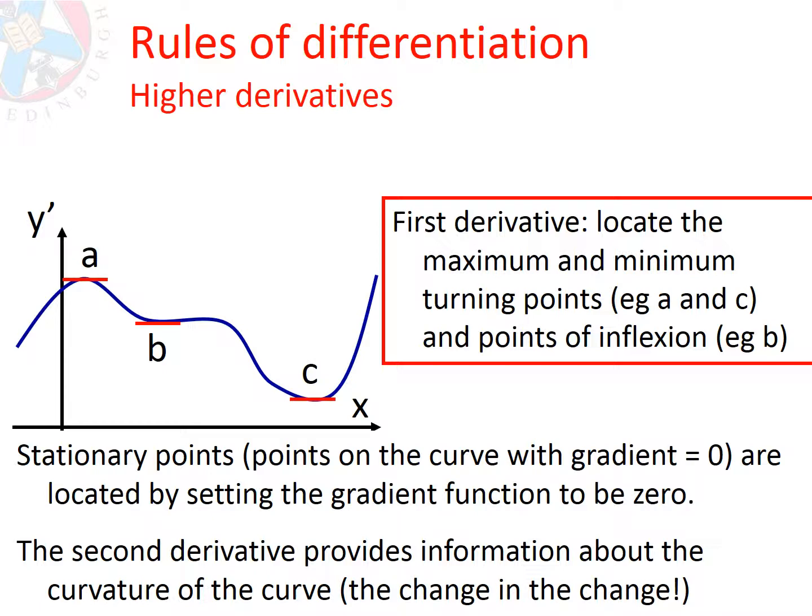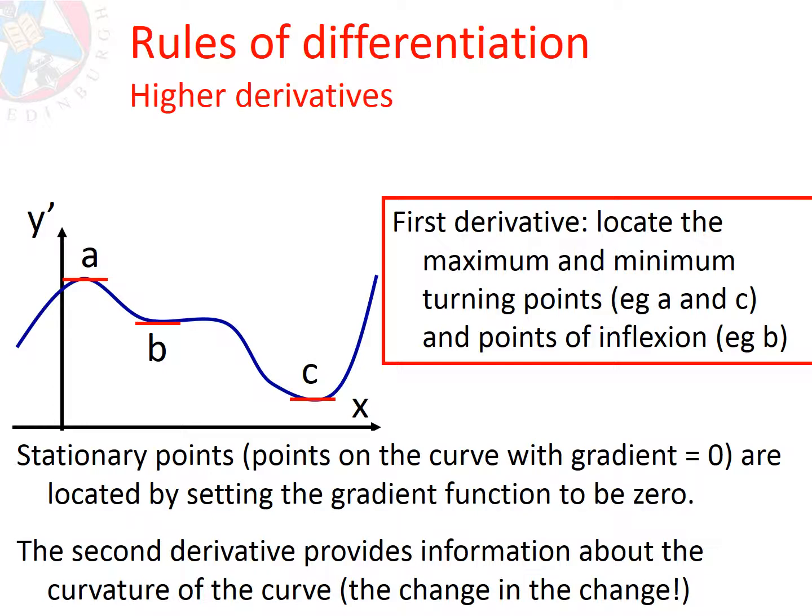Say in this example that we've got up there, if this was our function, and we differentiated it, we could find out where the gradient is zero.